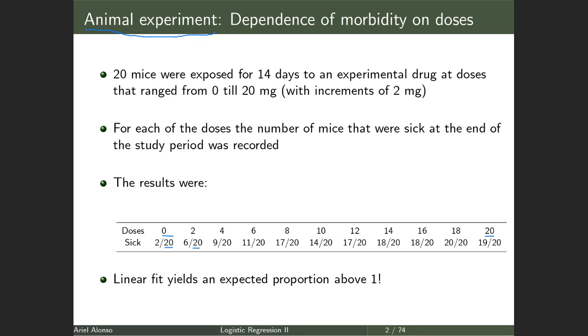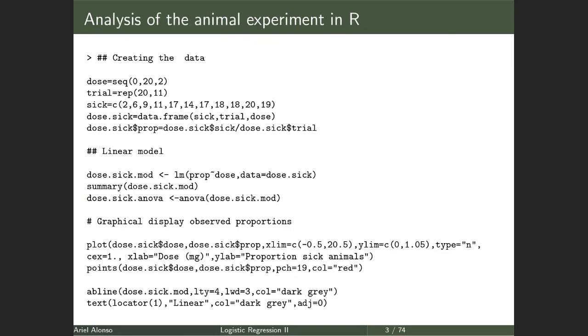We fitted a linear model with it in the previous lecture where we were trying to develop the first GLM. And we realized that if you try to fit this with a linear model, you will get into trouble because for doses of 20, you will get probabilities that are above 1. So we solved that problem just by introducing the logistic regression model.